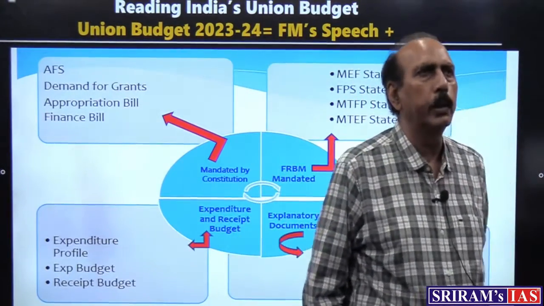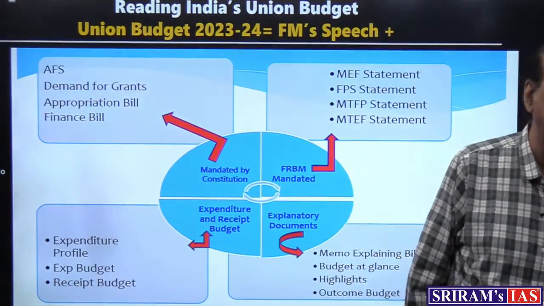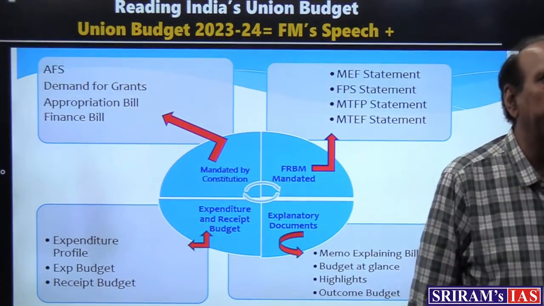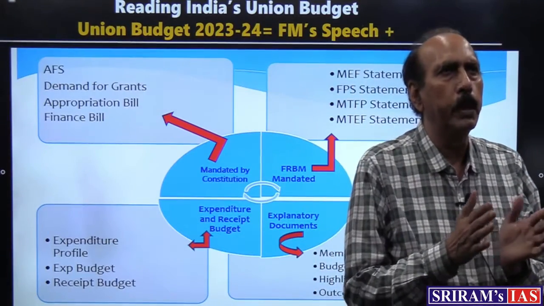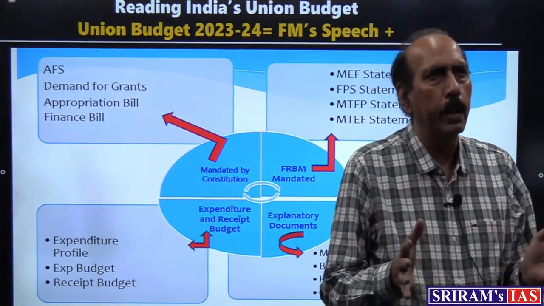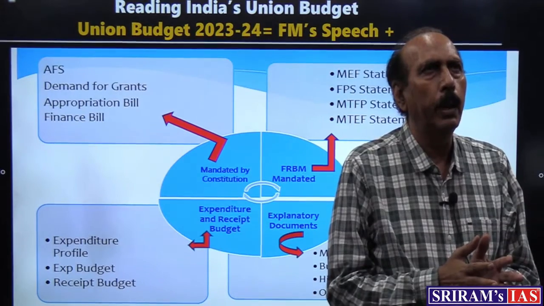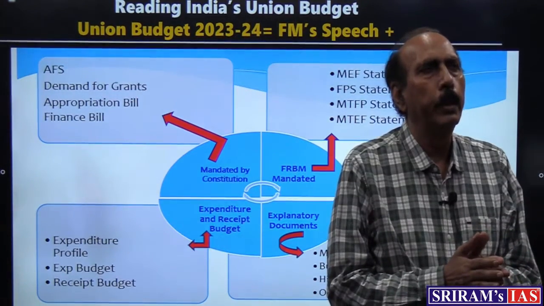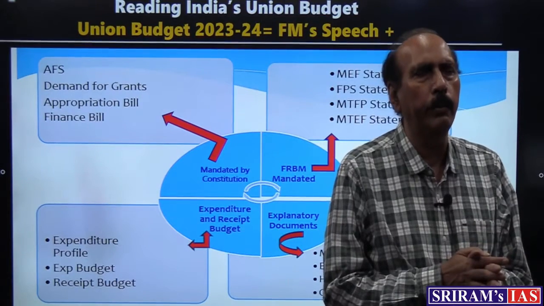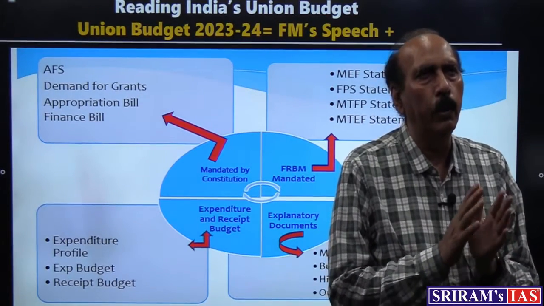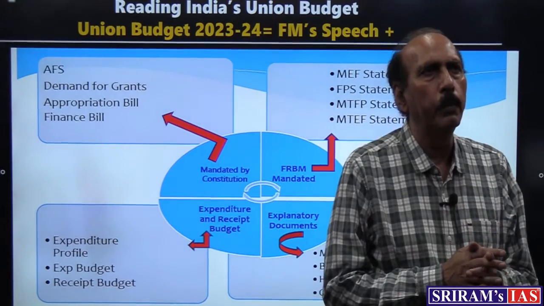It will give you a consolidated statement and will indicate all the programs relating to women implemented by various ministries. They are summarized at one place, and it will provide you the total allocation of funds scheme-wise for women empowerment.